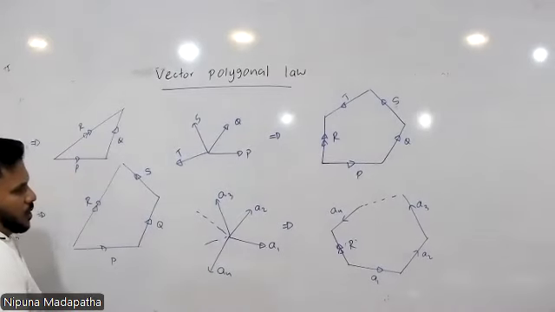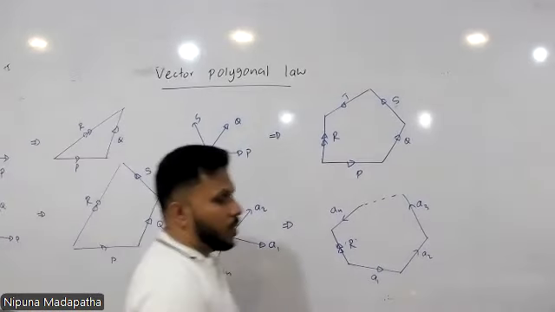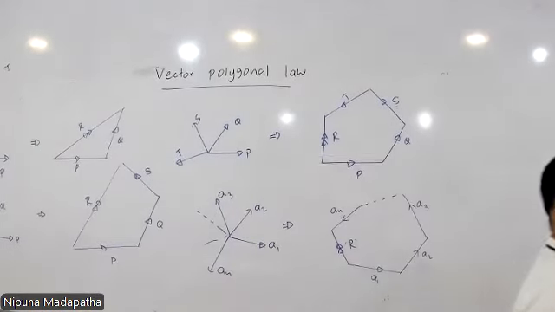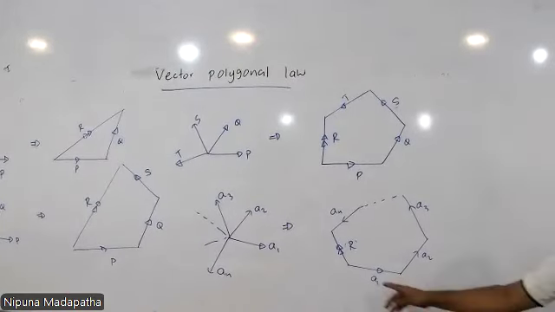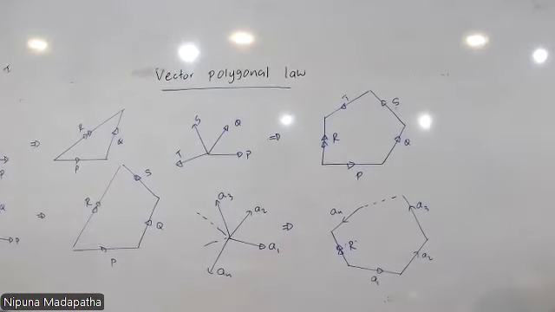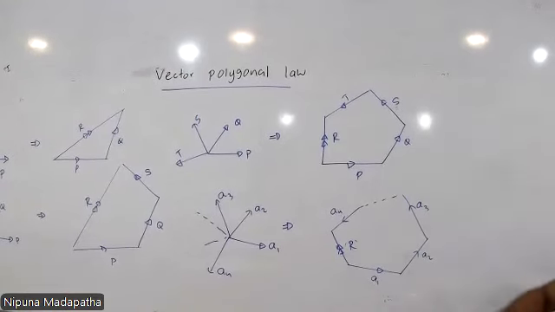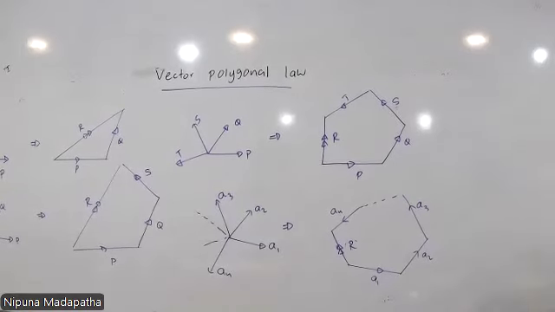The vector polygon theorem: if several vectors are represented in their magnitude and direction by the consecutive sides of a polygon, the closing side of the polygon represents the resultant of those vectors.